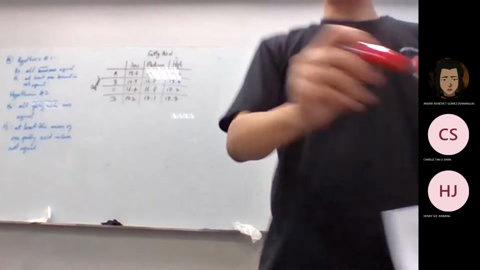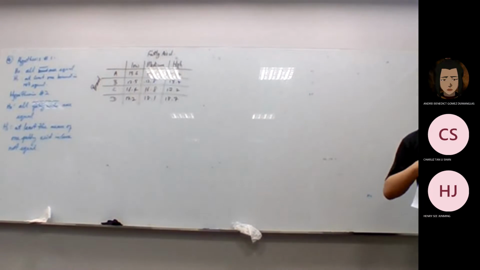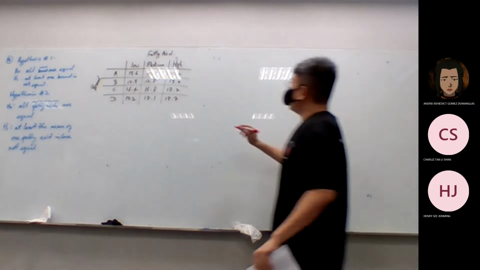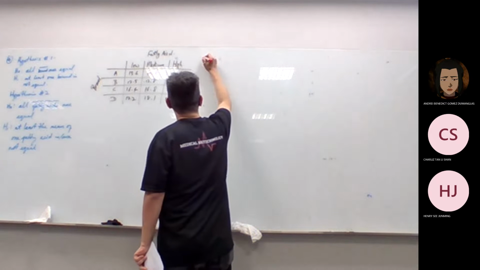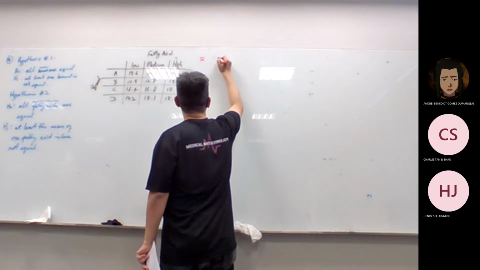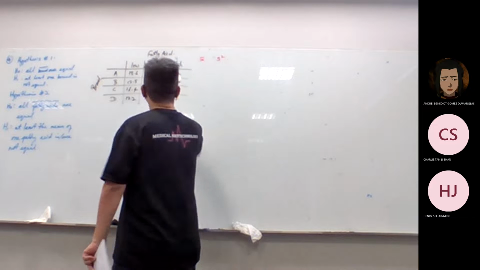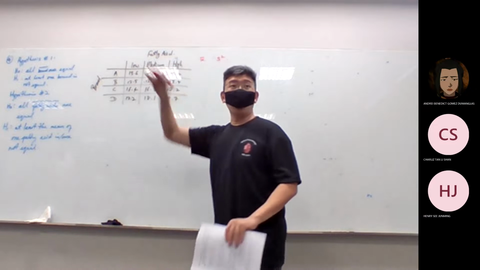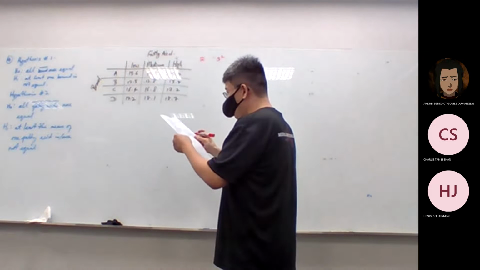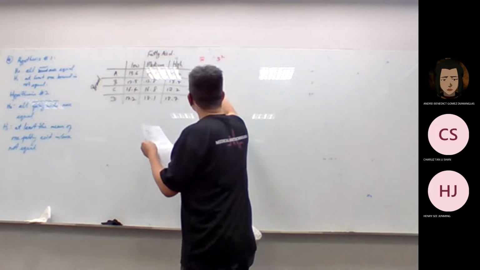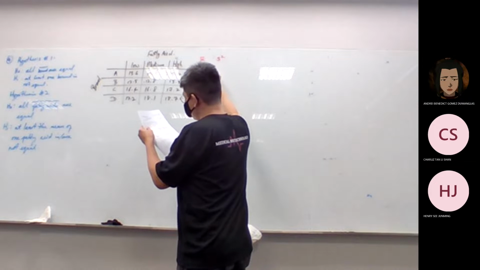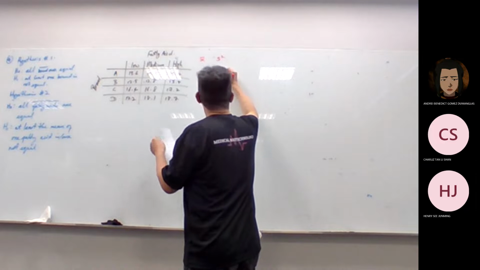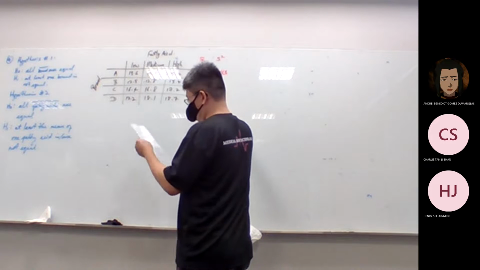So once you have that, there are a few things you can calculate first. One is to calculate the mean and the variance. To calculate from the row wise. So row wise for the mean is 14.03, variance is 0.163.